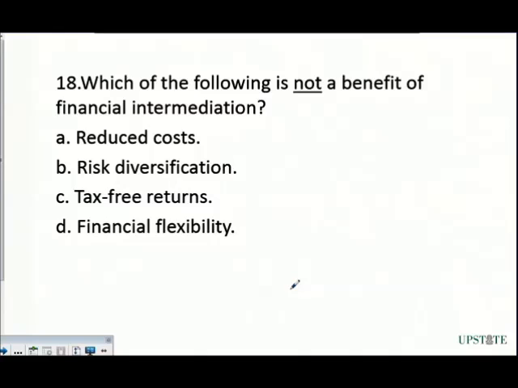Now number 18. This seemed to be one that a number of people got wrong, which is the only reason I'm going over it. Financial intermediation: it's going to be tax-free returns. Banks have a much higher ability to reduce costs, because that's their job. They also have the ability to diversify risk because they have a large amount of funds.